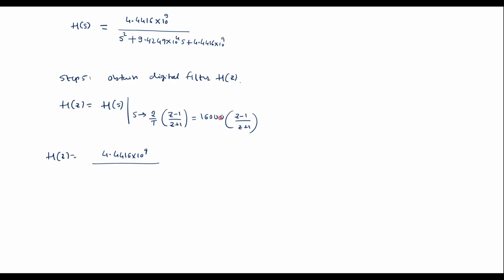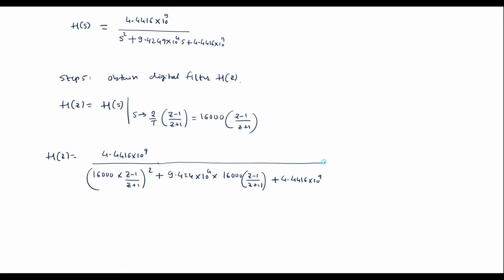In the denominator each s should be replaced by this entire term, it has 16,000 into z minus 1 divided by z plus 1 whole square, that is s square, plus 9.424 into 10 power 4 into 16,000 into z minus 1 divided by z plus 1, plus we have another term, that is 4.4416 into 10 power 9. This entire term is the denominator.